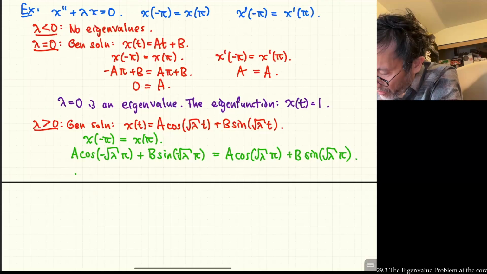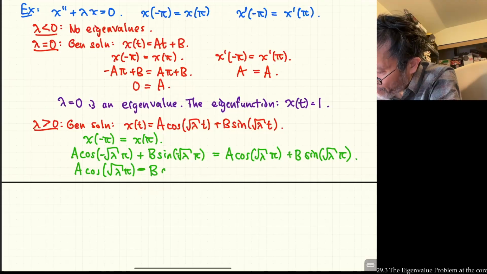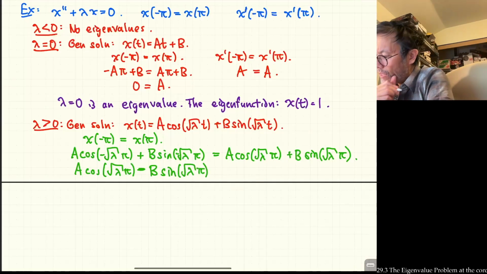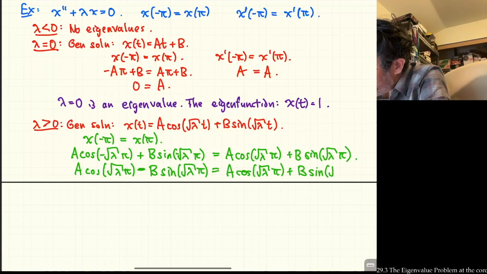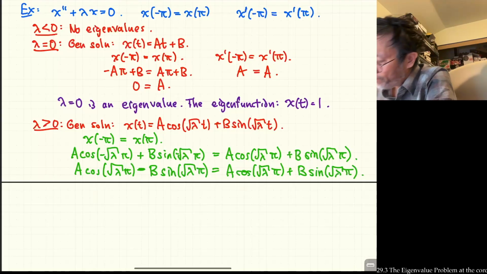The evenness of cosine means that it's equal to this. And the oddness of sine means that we put a negative sign out front like this and get negative b sine of square root of lambda times pi. On the other side, we get a cosine of square root of lambda times pi plus b sine of square root of lambda times pi.